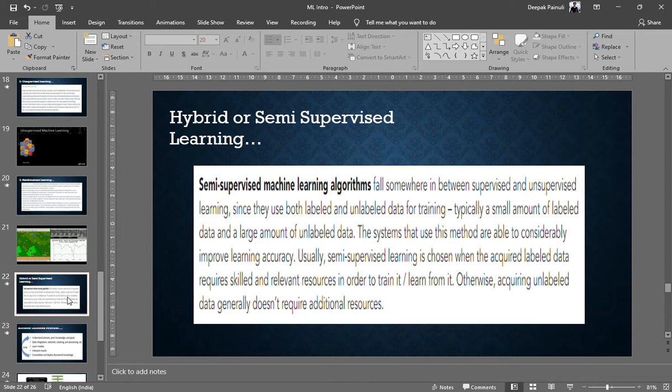Okay. So in the fourth category, which is the hybrid one, semi-supervised learning, it is used when we have unlabeled data and we need to do some classification or prediction tasks on it. But for those tasks we need labeled data, which we don't have right now.